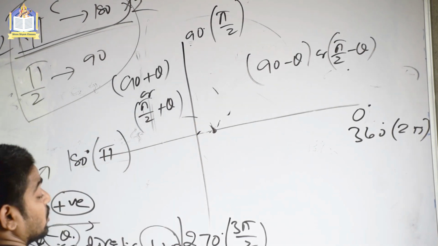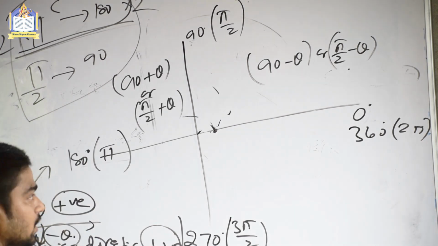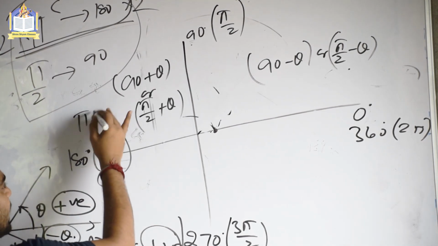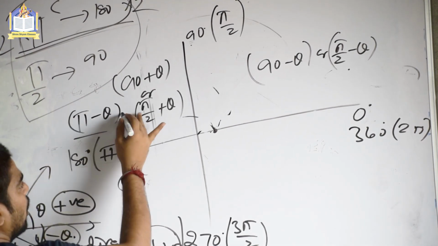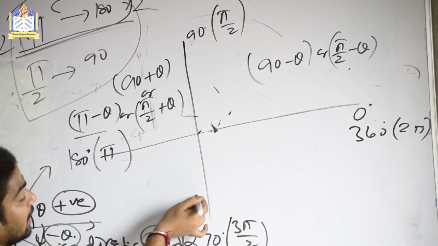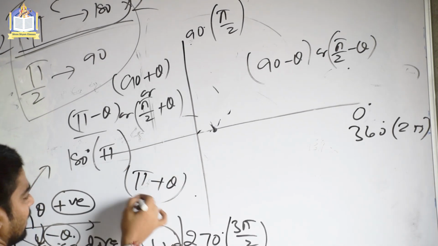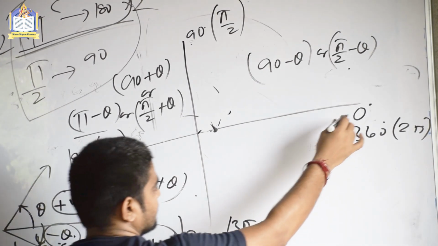This area is also more than 90 and less than 180 degree, so you can write pi minus theta, or pi by 2 plus theta. This is more than 180 degree, so it can be written as pi plus theta. And definitely this is 2 pi.